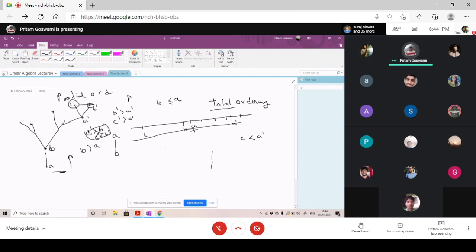Suppose the set x1 to xn has a total ordering, then you can put the set in a line, say the smallest x1, the maximum xn. You can always put it like this, right? Yes, sir. So in a total ordering, you will always get a maximum element in a finite set.